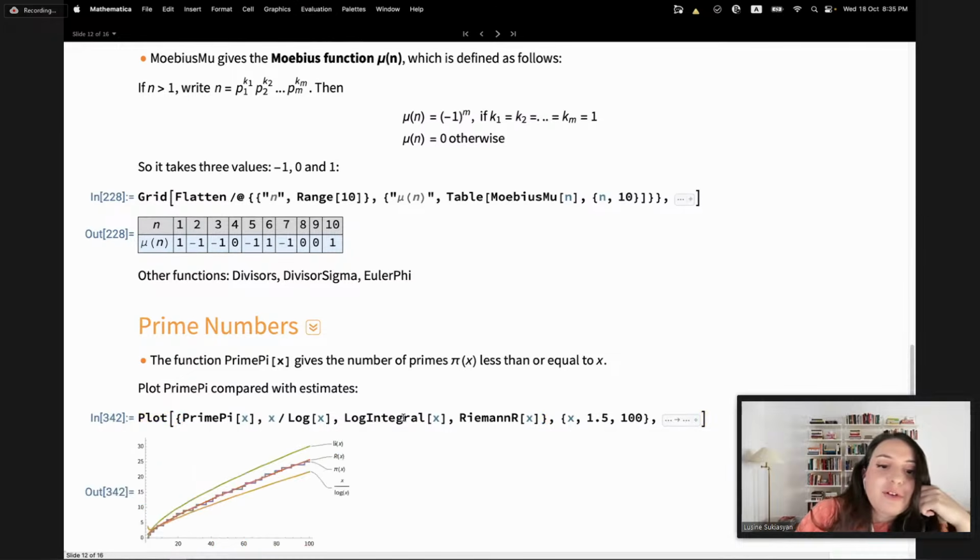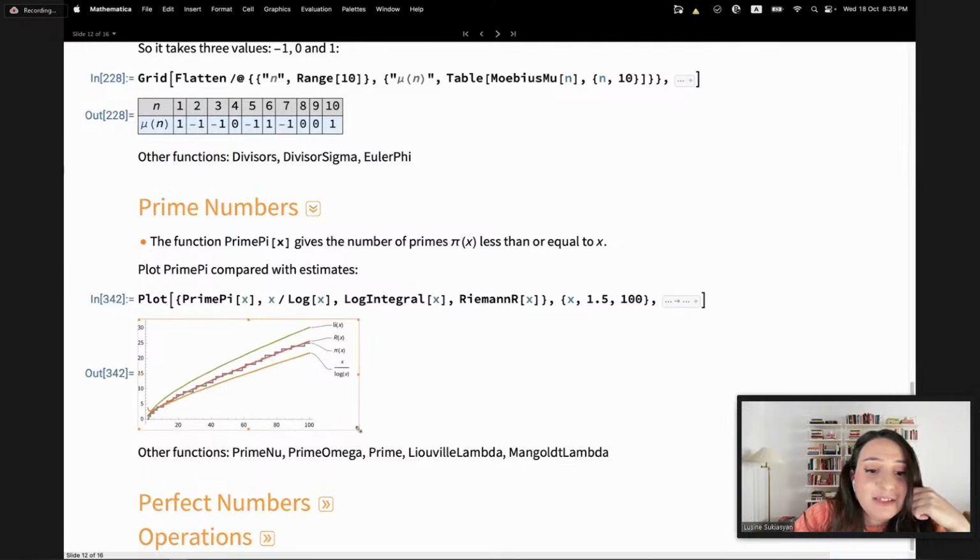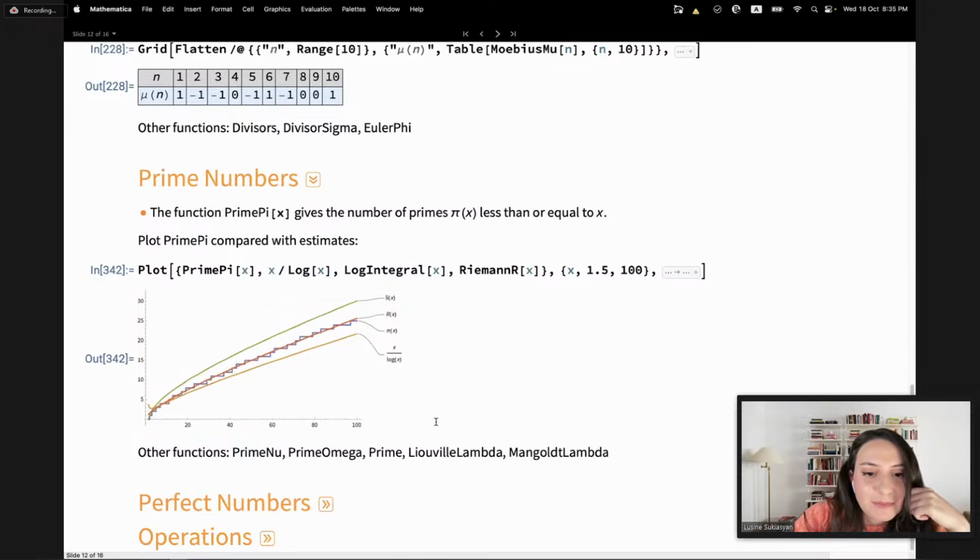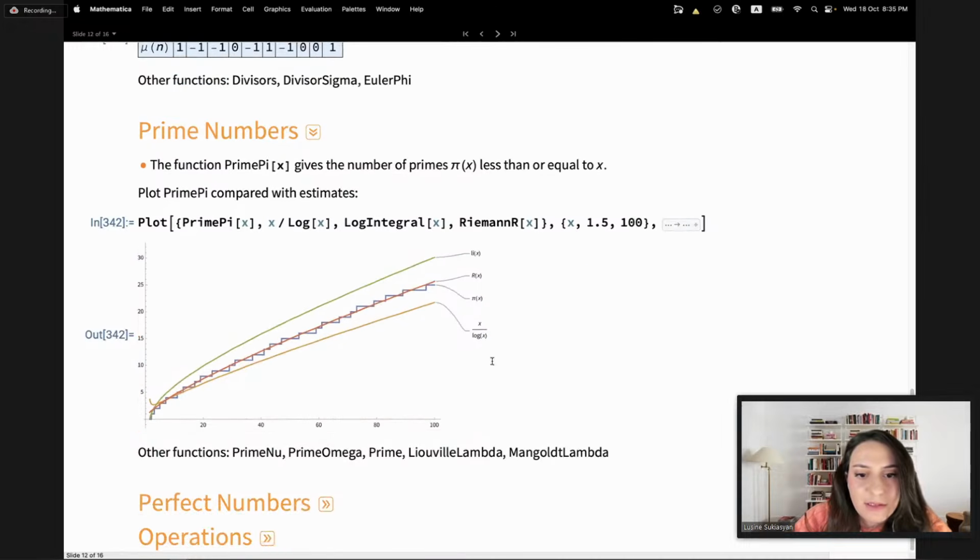Actually, this is how the whole subject of analytic number theory sort of got created because people wanted to find the estimates of the function prime pi, and here you can see on our screen that yes, the estimates of the prime pi are x over log x and log integral, and you can see that on your screen that the plot really shows that they're estimates. The other functions are prime u, prime omega, prime Liouville lambda, Mangoldt lambda.